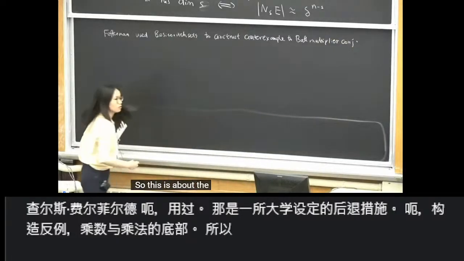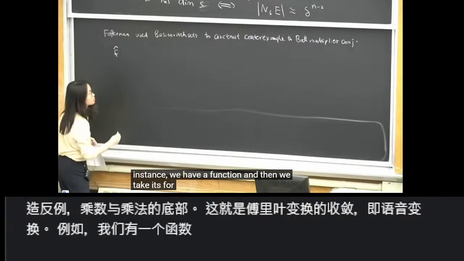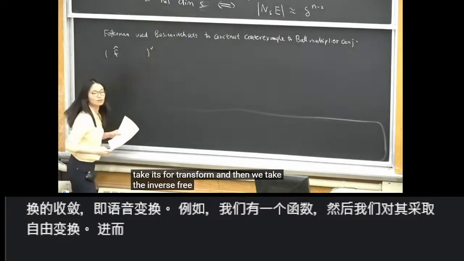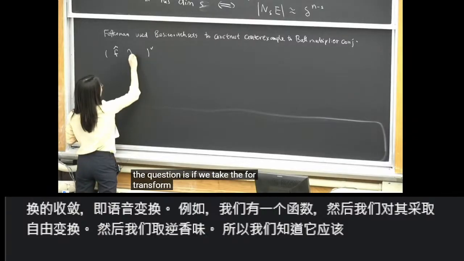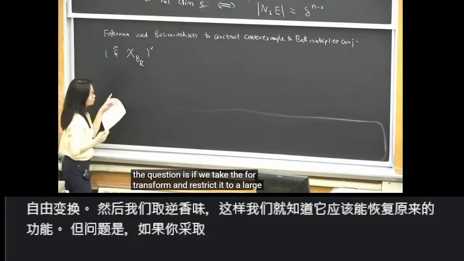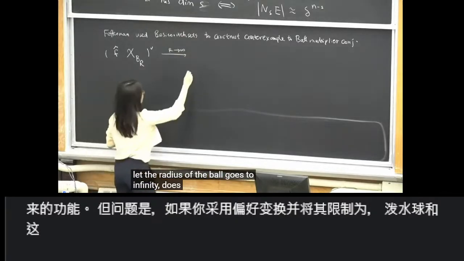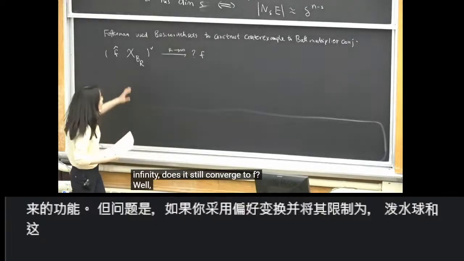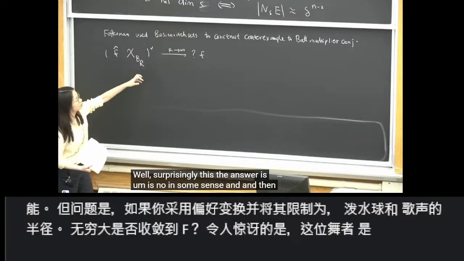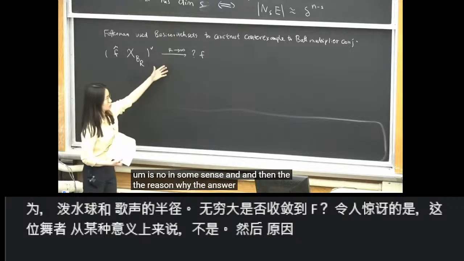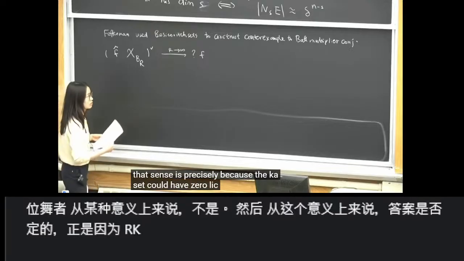So this is about the convergence of the Fourier transform. For instance, we have a function, and then we take its Fourier transform, and then we take the inverse Fourier transform. We know that it should recover the function. But then the question is, if we take the Fourier transform and restrict it to a large ball and let the radius of the ball go to infinity, does it still converge to f? Well, surprisingly, the answer is no in some sense, and the reason why the answer is no in that sense is precisely because the Kakeya set could have zero Lebesgue measure.